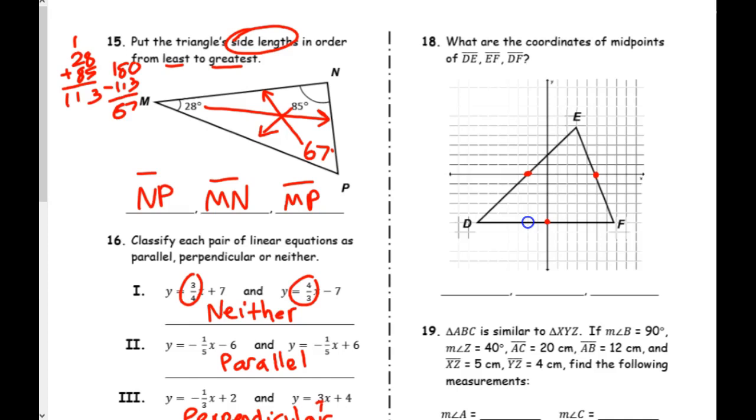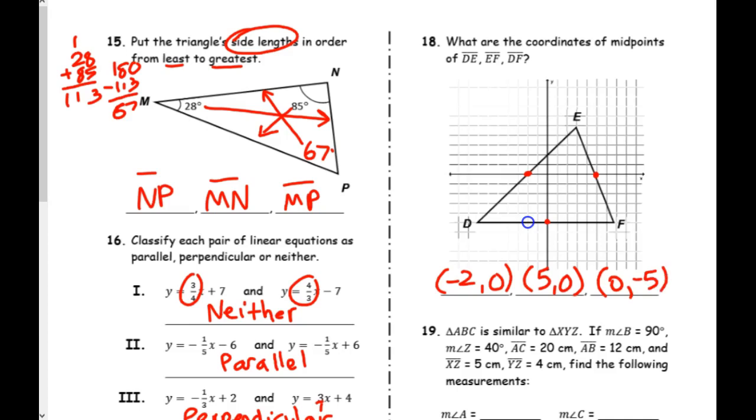So what are the coordinates of the midpoints? So the midpoint of DE is negative 2, 0. Okay, the midpoint of EF is 5, 0. And the midpoint of DF is 0, negative 5.